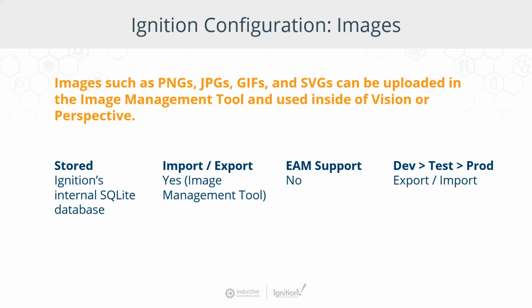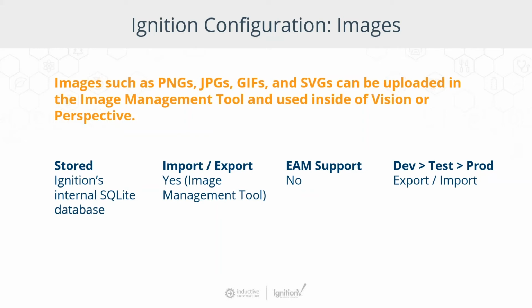They are also stored inside of our internal SQLite database on the server. You can import and export them through the image management tool in the Designer. There's no EAM support for this. So if we're deploying, we're going to be using import-export, meaning that if I upload an image on development and I need that image to be on production, I'm going to export that image and, to bring it over to the production environment, import that image in there.